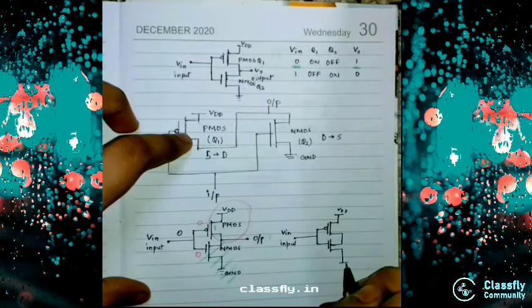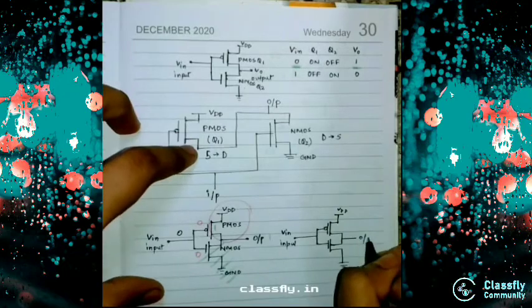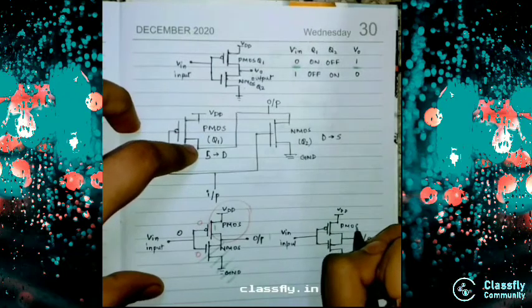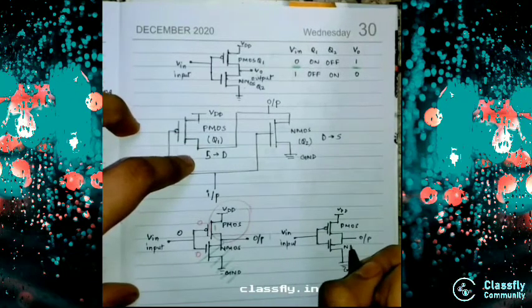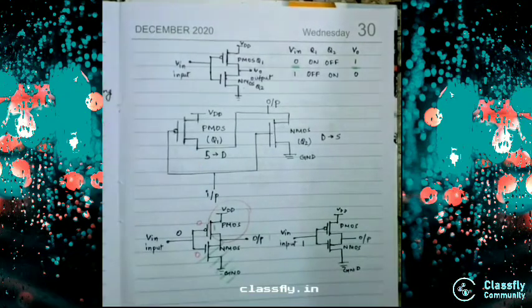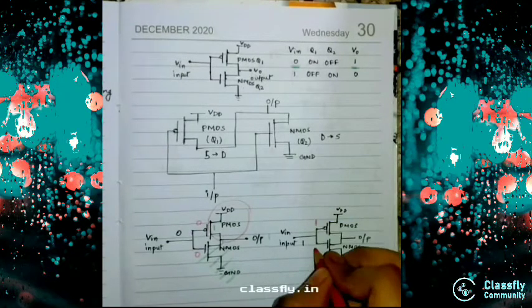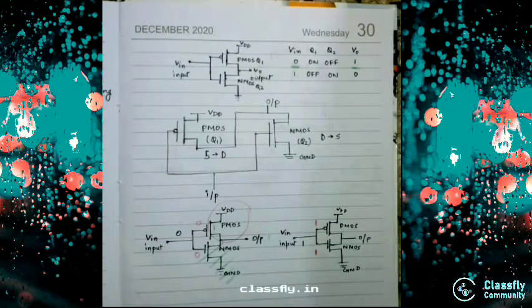This is our NMOS which will be grounded, and this will be our output. So this is PMOS, this is our NMOS. Now we will provide the input as 1. For PMOS it will be 1, and for NMOS also it will be 1.